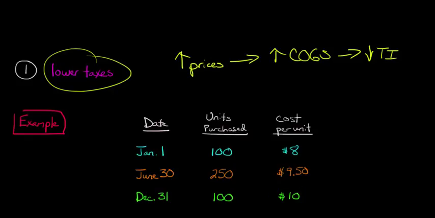Now, you make a sale of 100 units, let's say at the end of the day on December 31st, and you say, okay, how do I go about valuing what the cost of goods sold would be? Well, if you're using LIFO, you're going to take the last 100 units purchased, right?